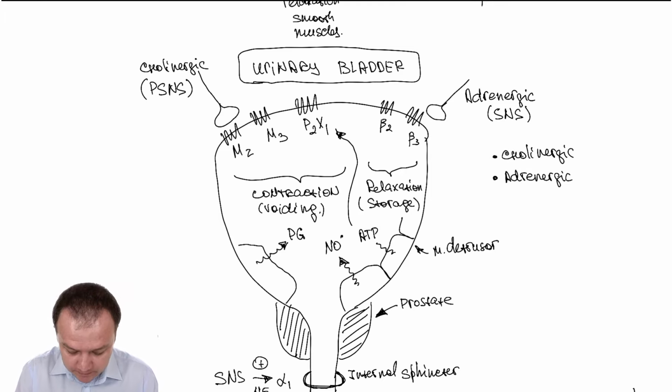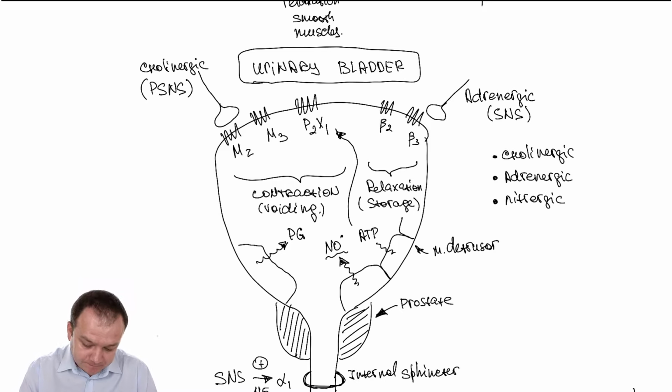Also we have a nitrergic system, with nitric oxide, and also it was described that in the urinary bladder we have a peptidergic system.